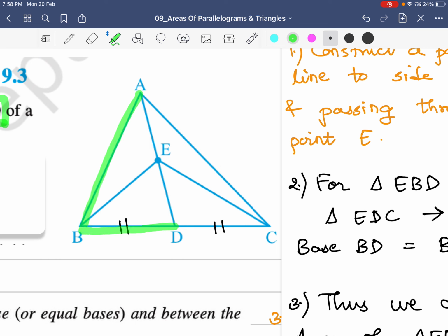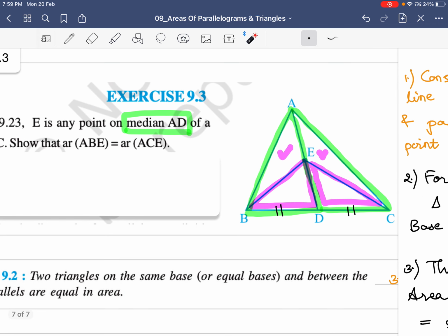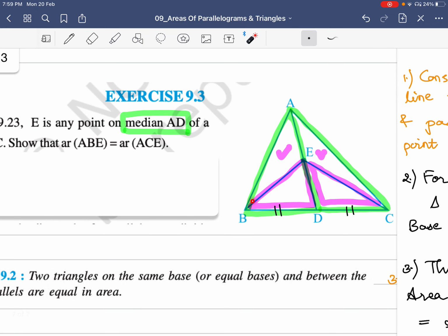From this triangle ABD, I am going to subtract the area of this triangle. Then what will I get? I'll get the area of this triangle. Similarly, from this bigger triangle, we are going to again subtract the area of this small triangle. What am I going to get? I'm going to get the area of this triangle, and these two triangles are equal in area, and these highlighted green ones are also equal in area. So area of ABE will be equal to area of AEC, which is exactly what we have to prove. That area of ABE is equal to area of ACE.